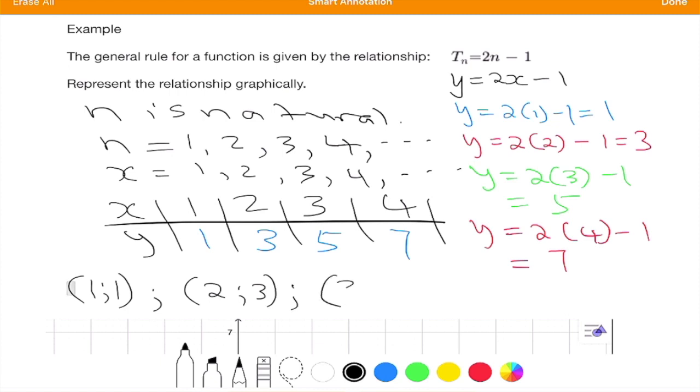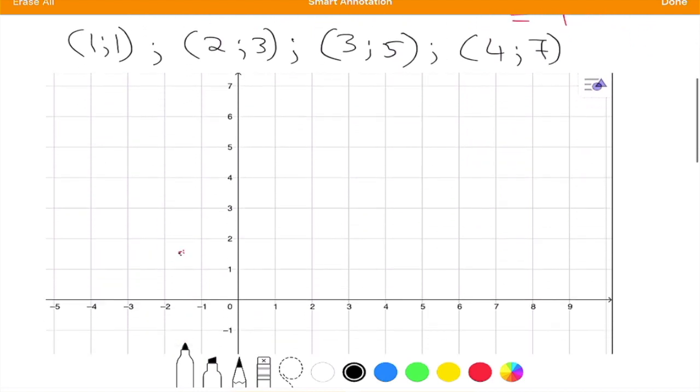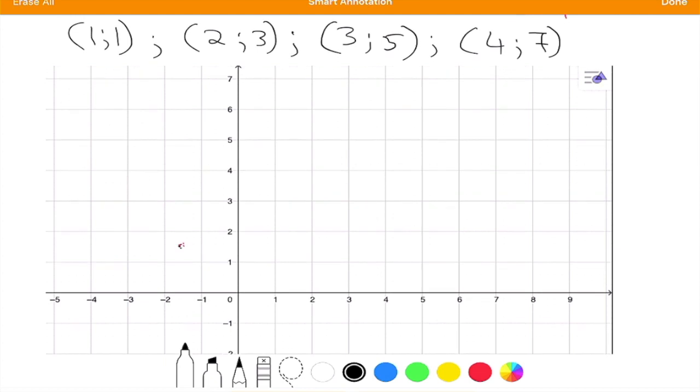And then next we have x is equal to 3 and y is equal to 5. And finally there we have x is equal to 4 and y is equal to 7. So we just need to take those points now and put them on the grid. You will need some grid paper like this one in order for you to draw this.